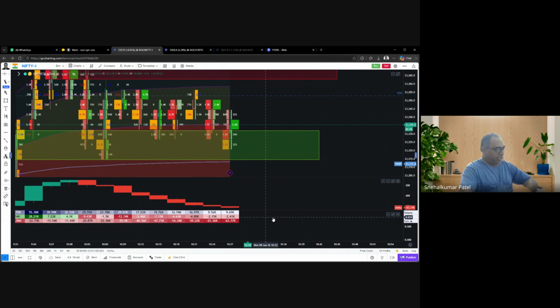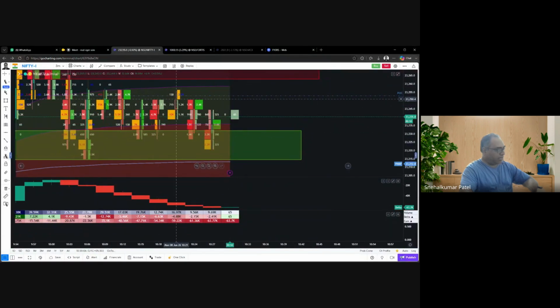Even though delta is continuously going negative, we haven't seen a heavy imbalance on the buy side since this candle, 2.6K against 650 sellers. Sorry, there was a slight imbalance here, but it was of no significance.